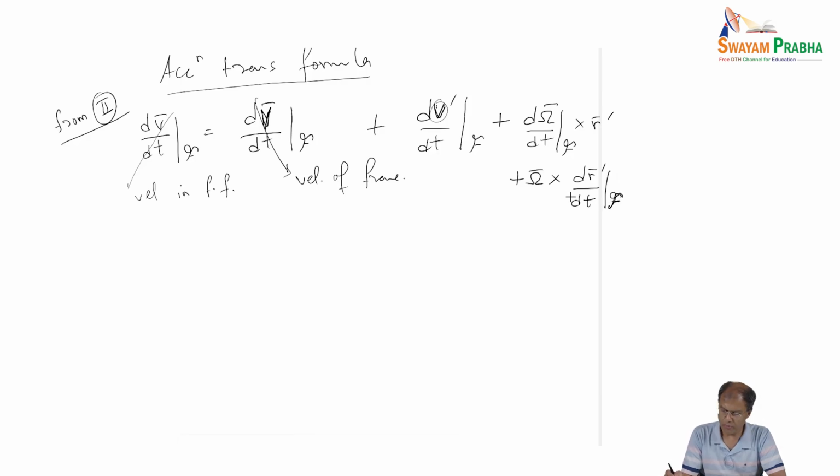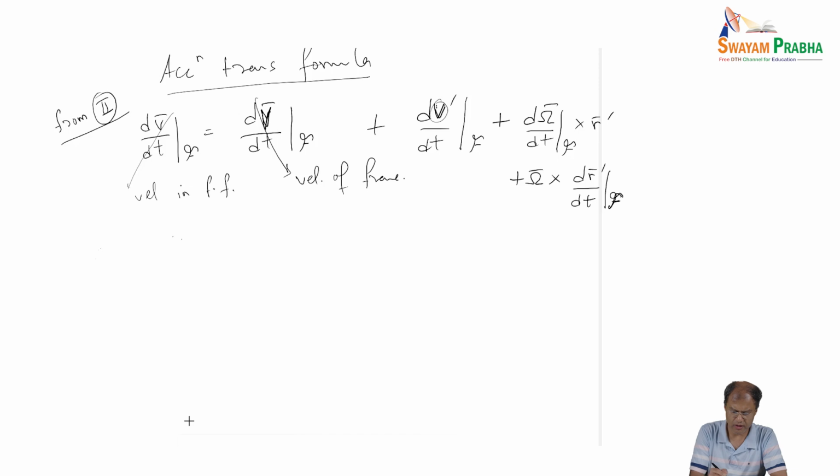Okay, so omega cross dr prime/dt at f. Let us now simplify this whole discussion. So from our relation 1, the velocity transformation formula 1, so from relation 1, hold on, that comes later here.